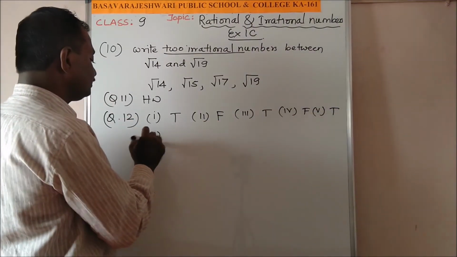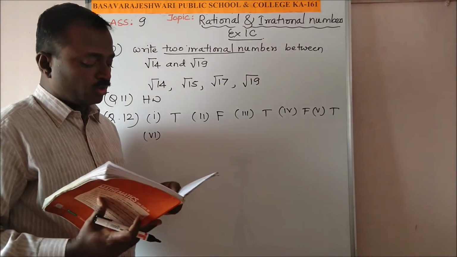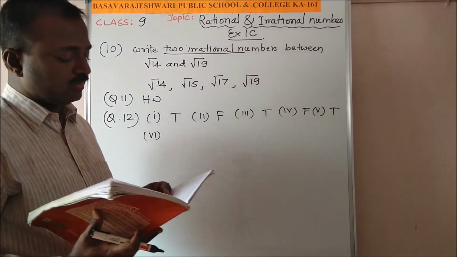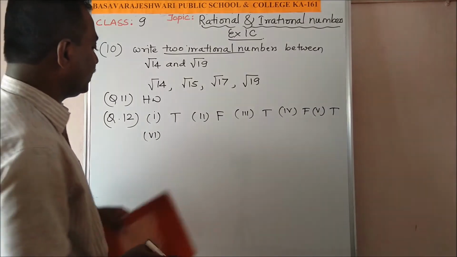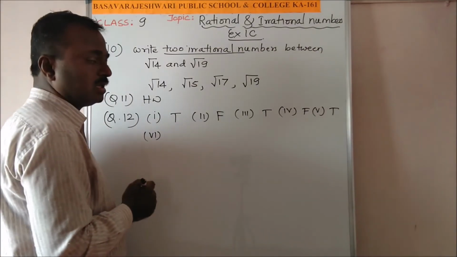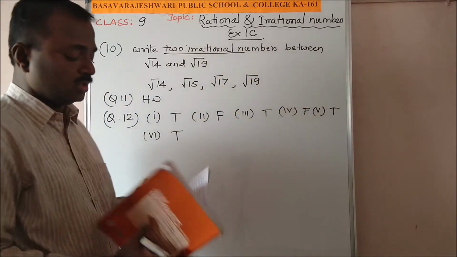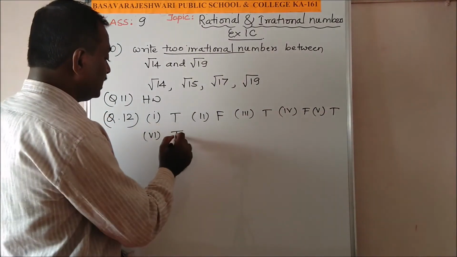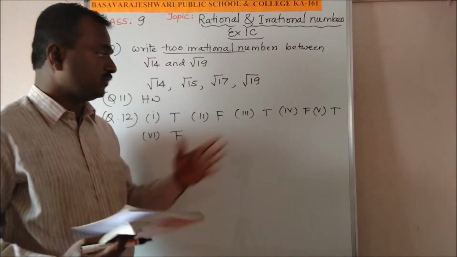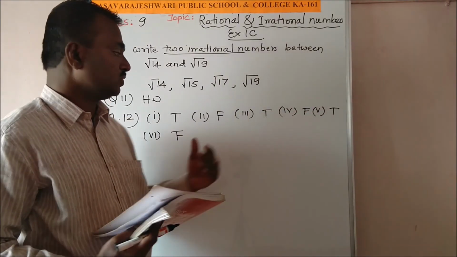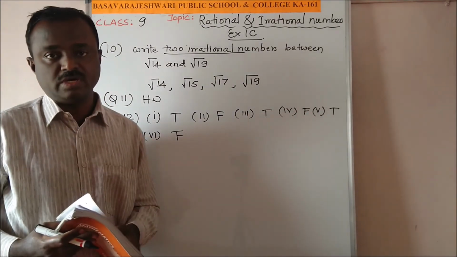Sixth one. The product of rational and irrational is always rational. If I take the product of rational and irrational, I will get irrational only. So this is not true, it is false. So first one is true, second one is false, third true, fourth false, fifth true, and the sixth one is false.